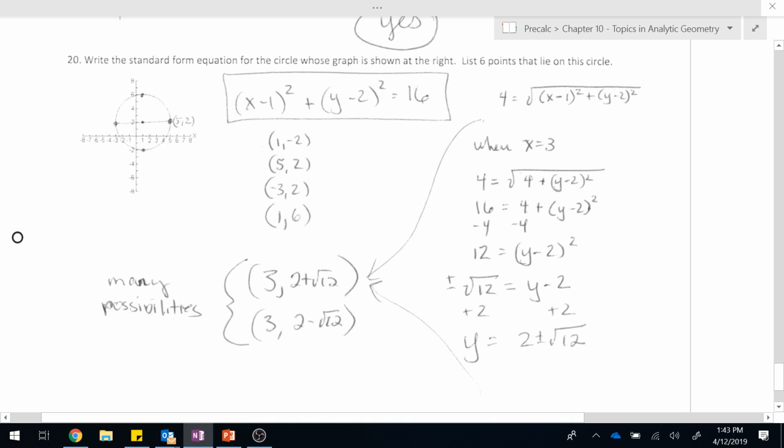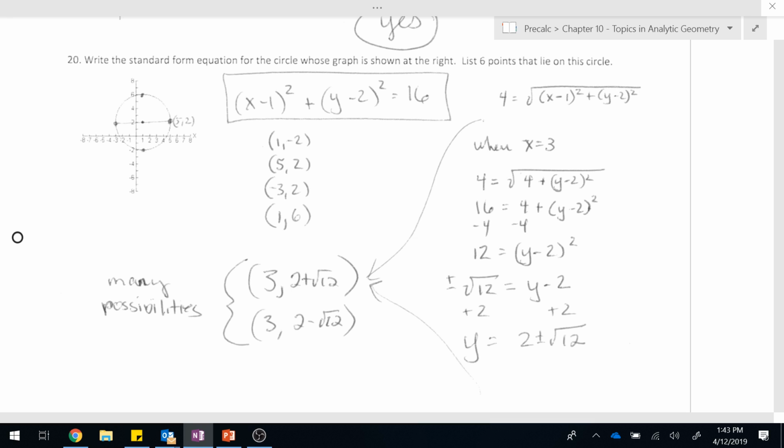So you've got (x minus 1) squared plus (y minus 2) squared equals 16. Now just read the 4 points that are a distance of 4 away, left and right, up and down from your center. So you get those 4 points right here: (1, -2), (-3, 2), (5, 2), (1, 6).